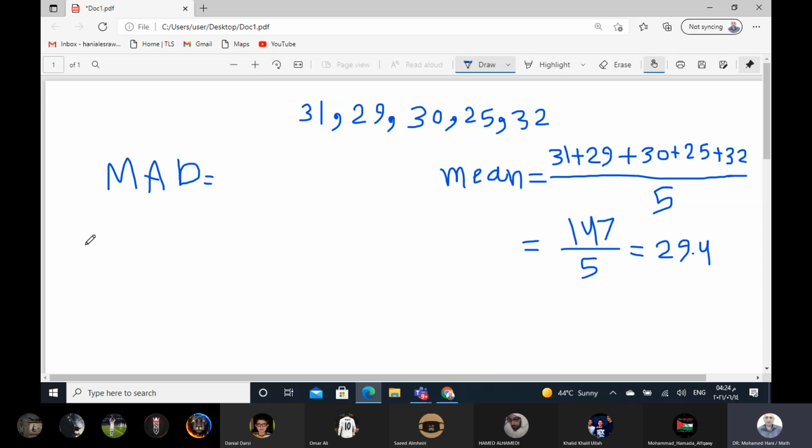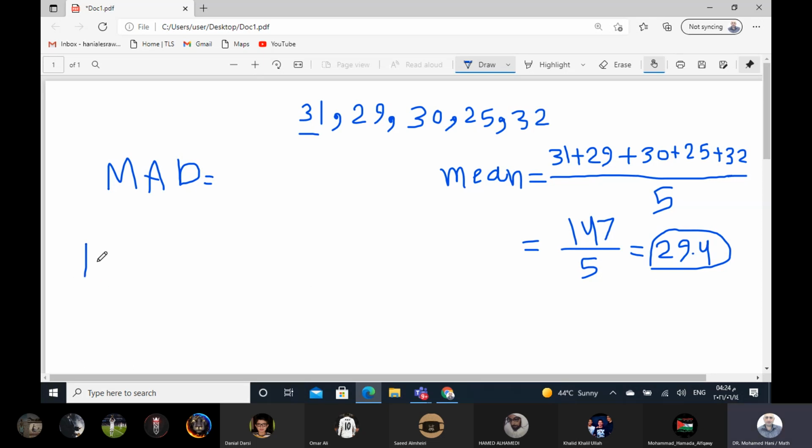The second step: find the distance between the mean and each value inside this data, using the absolute value to keep the distance positive.